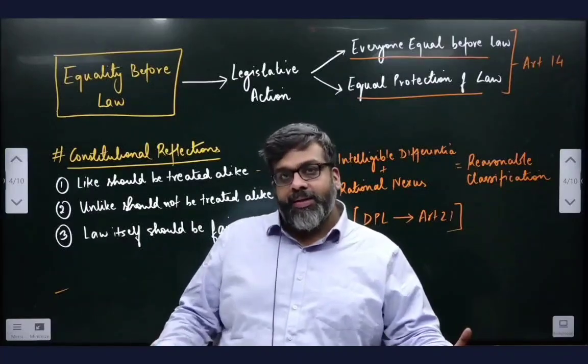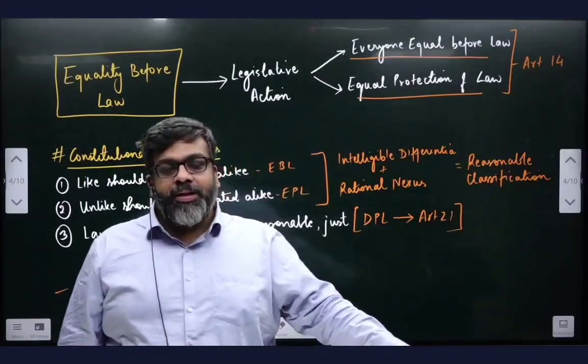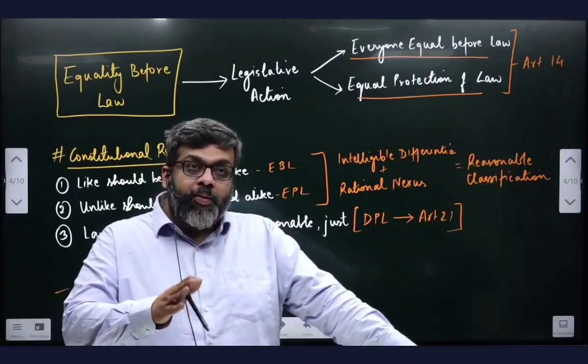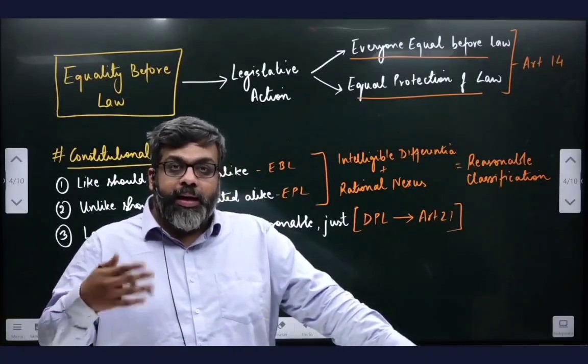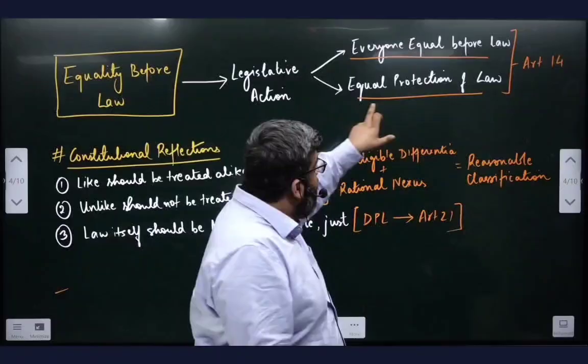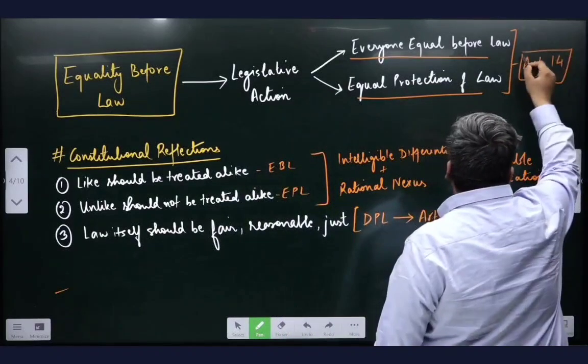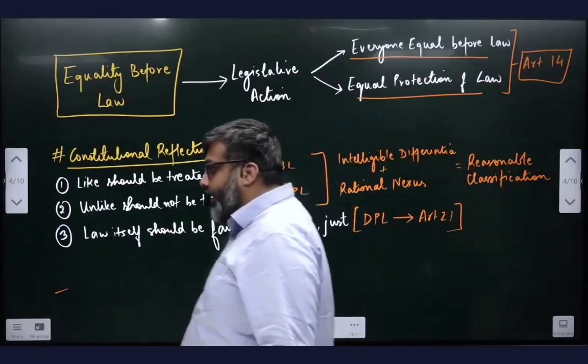There is an inherent disadvantage. So you have to treat people who come with different abilities in a different manner. This is called equal protection of law, also categorically mentioned under Article 14.